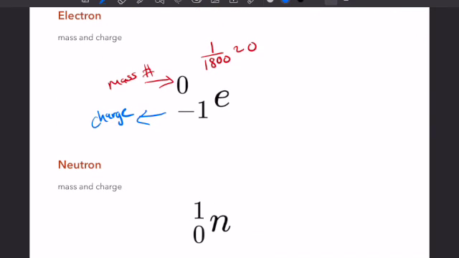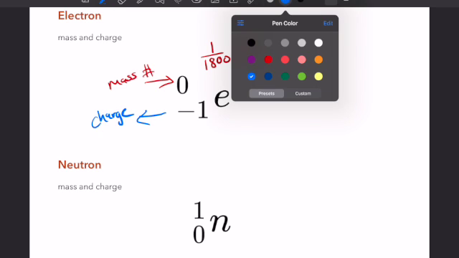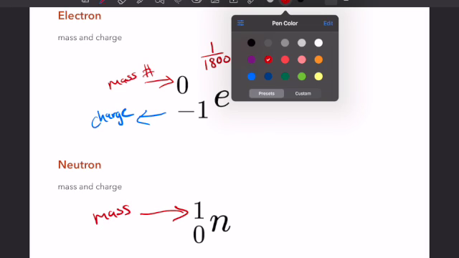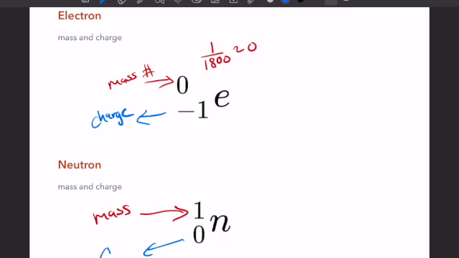So not surprisingly, when we meet the last of the 3 members of our nuclear family, we would have a mass of 1 and a charge of 0.